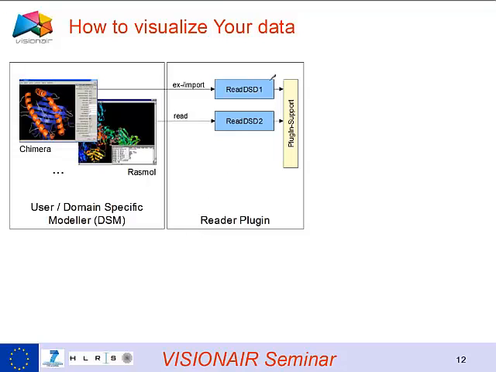As I mentioned, you first have to implement a reader module for your data if it is not available yet. This reader module does the job of getting the data from the application or the file data format and reading it into a shared memory system.